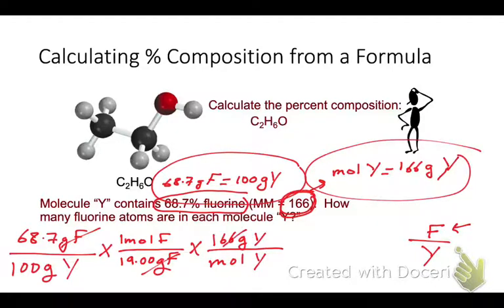Grams of Y are canceling out, and now I have mole of fluorine over mole of Y left. So mole will cancel mole, and now I have an atom of fluorine for every molecule of Y. Because this is a number of atoms, it has to be a whole number. So you run your math, and the answer will be 6 fluorine atoms for every 1 Y molecule.